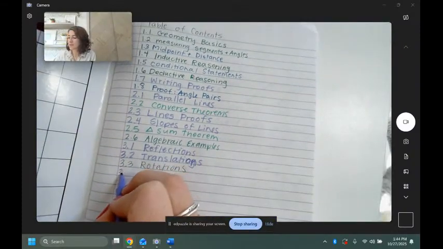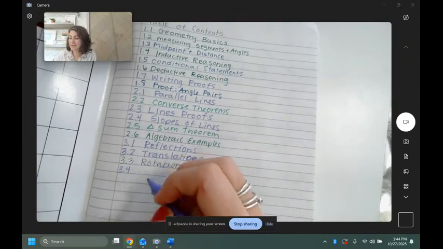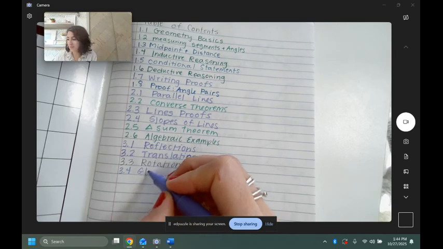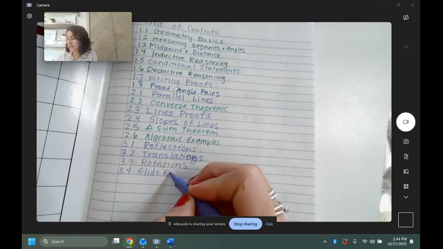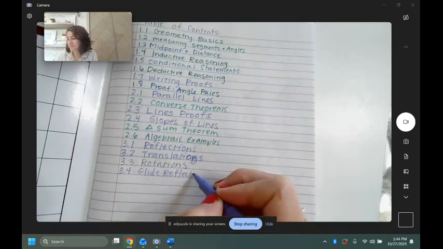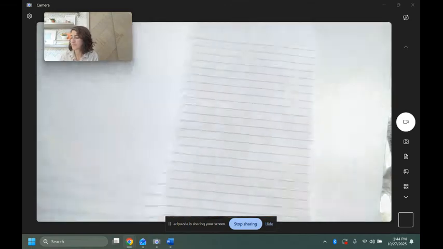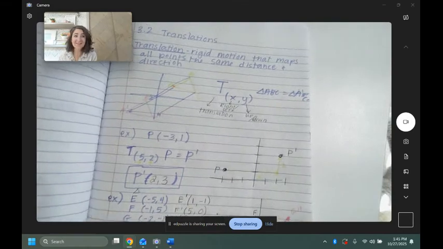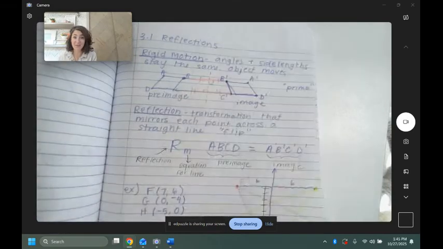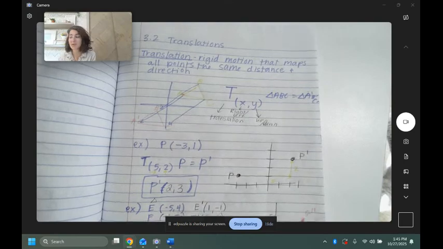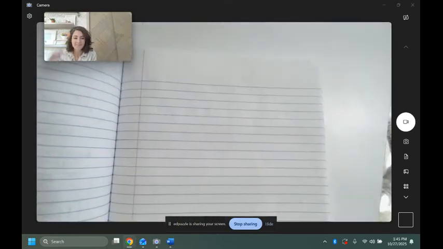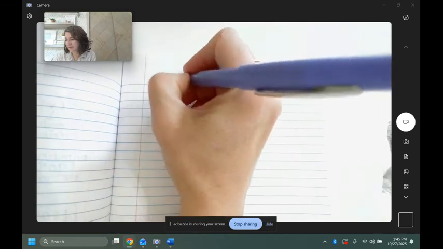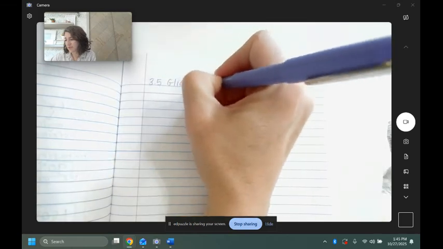This is 3.4, kind of the last type of transformation we're going to talk about here. It's called a glide reflection. Now, a glide reflection is a mix between a reflection and a translation, but kind of in the same motion, I guess. 3.5, a glide reflection.